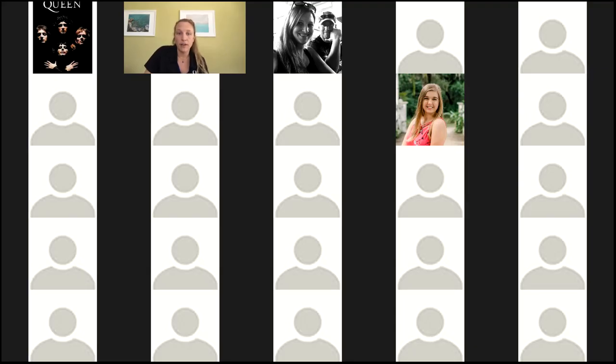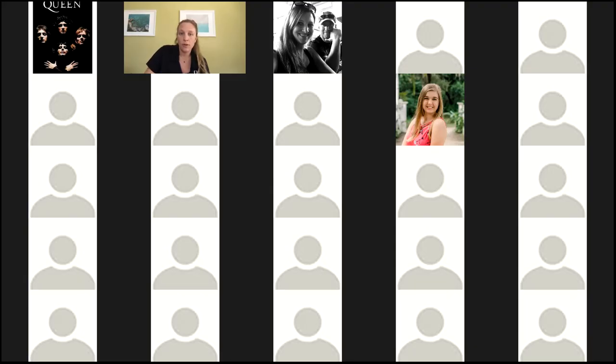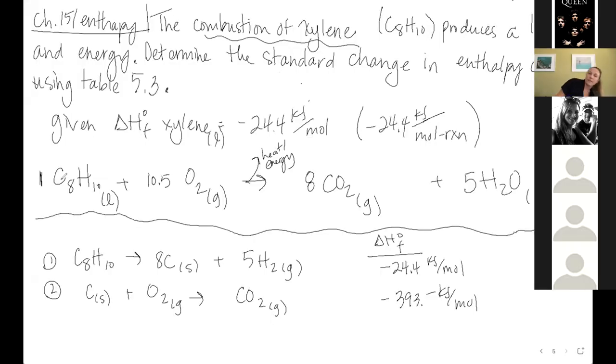So that equation is given, but you can also find that in the table.